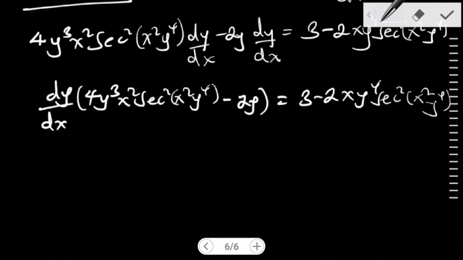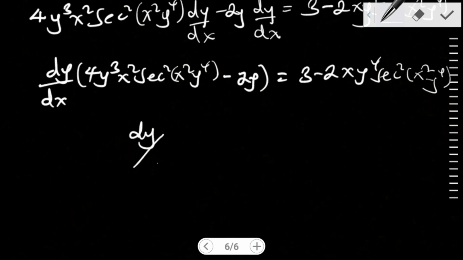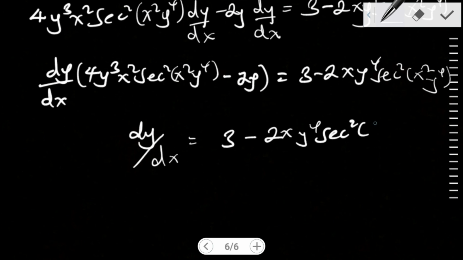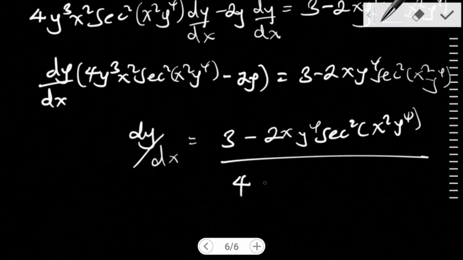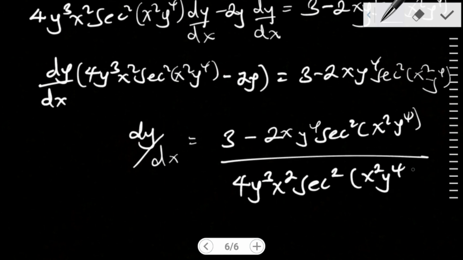So dy dx would be equals to 3 minus 2x y to power 4 sec squared x squared y to power 4, close this, all over 4y cubed x squared sec squared x squared y power 4 in this case.